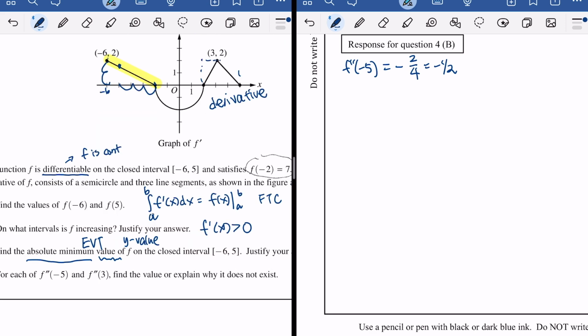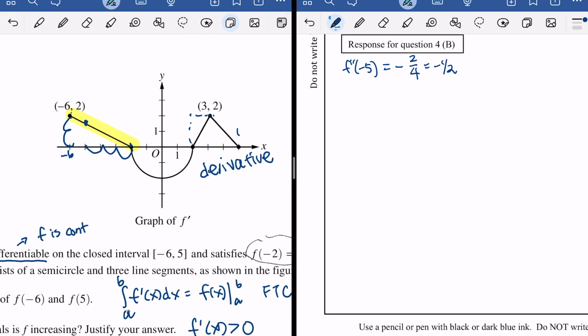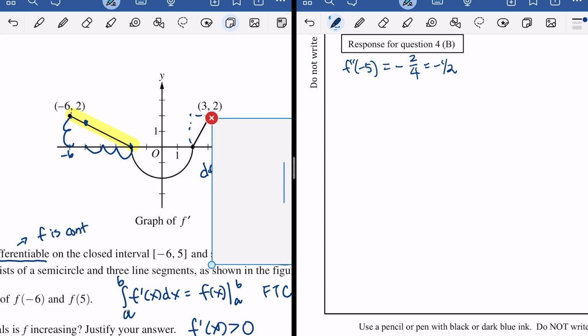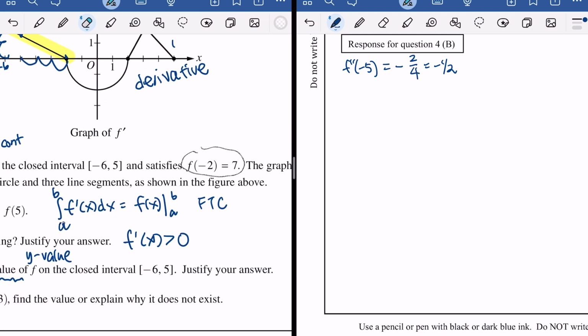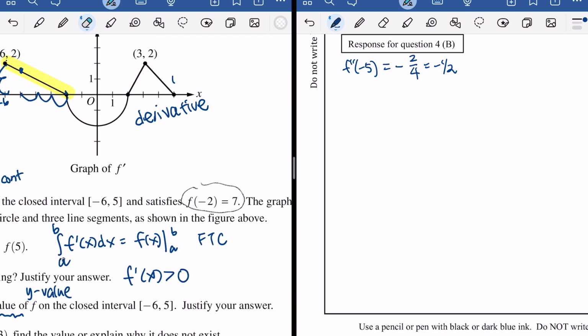For f double prime of 3, when you're looking at the curve, we see a sharp point, which means there is no derivative. But we need to justify the answer when the derivative does not exist. So to remind you, to show the derivative does not exist, we need to show that our derivative from the left of x equals 3 is not the same as the derivative from the right.